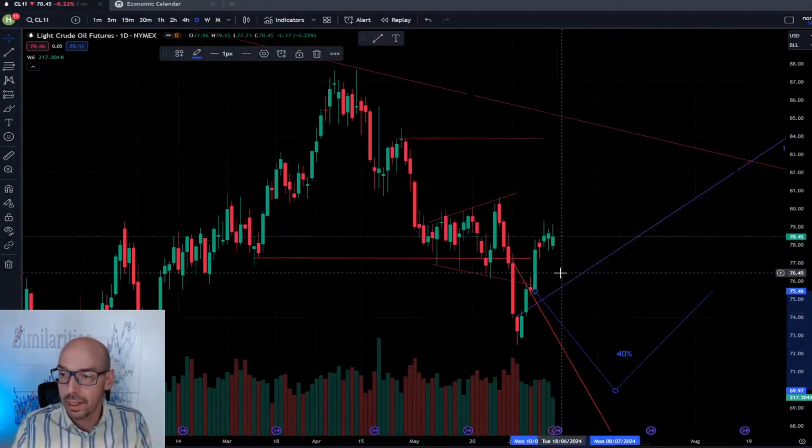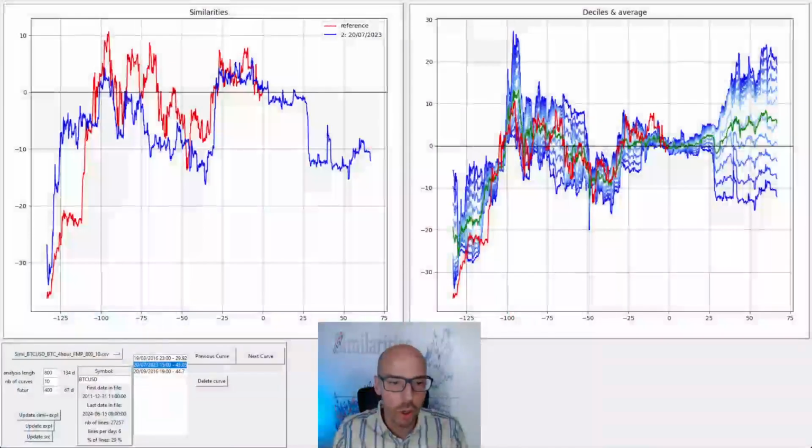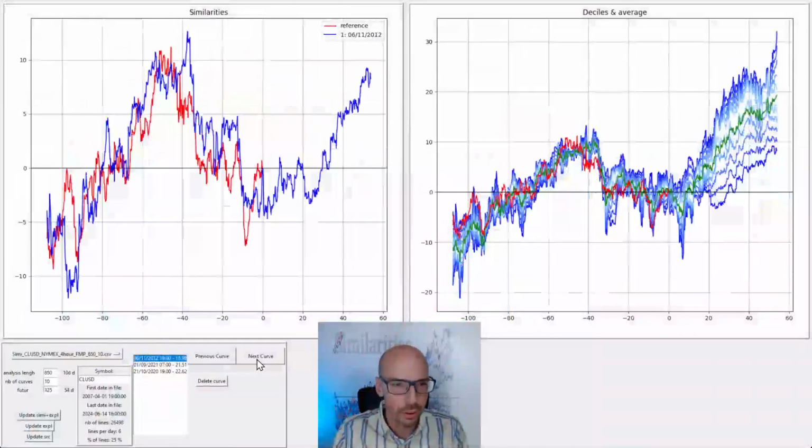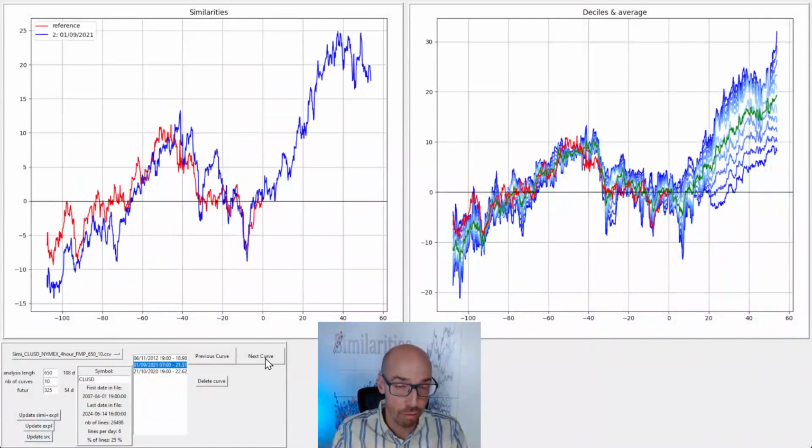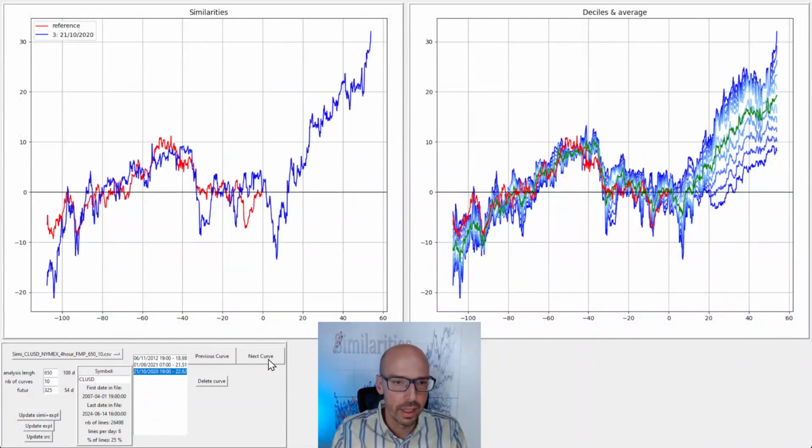All right. Let's see what we have right now with oil. Over 10 curves, I have 3 that I find really fitted. This one that is really nicely fitted, especially here where we have the throw, and this one.